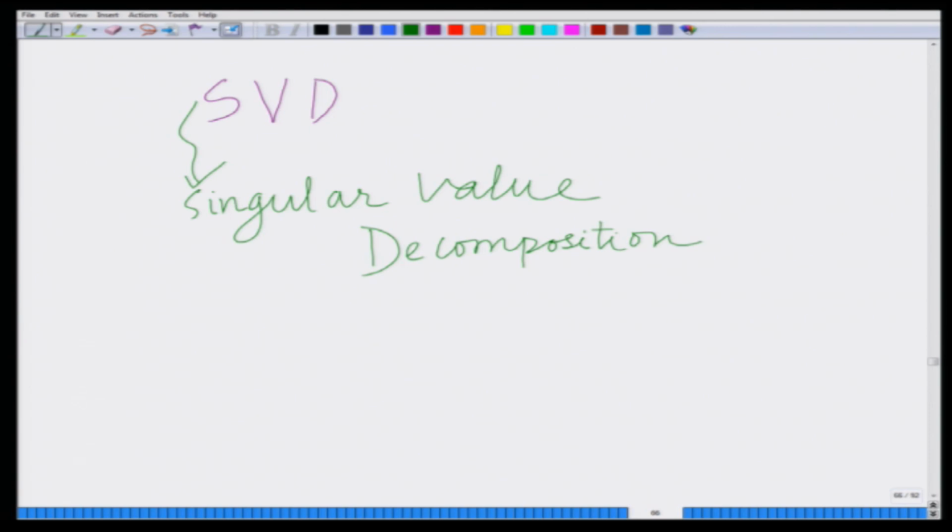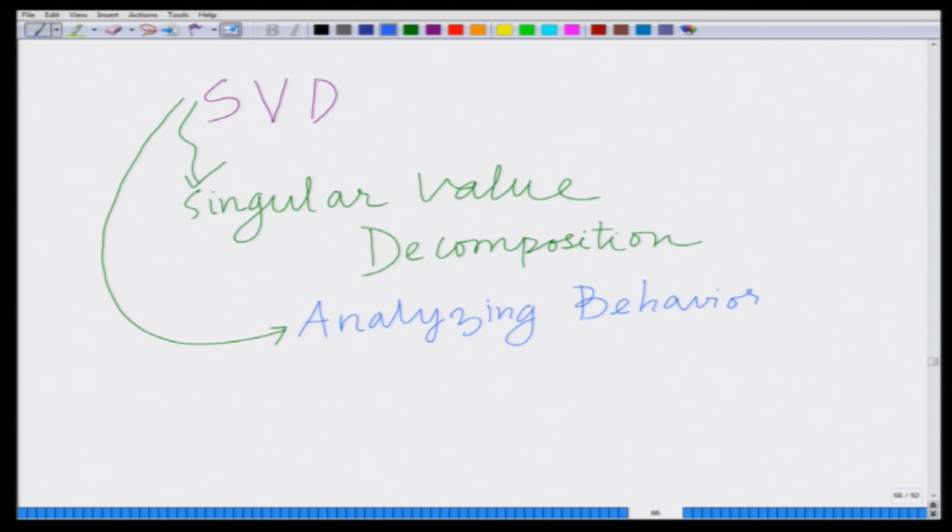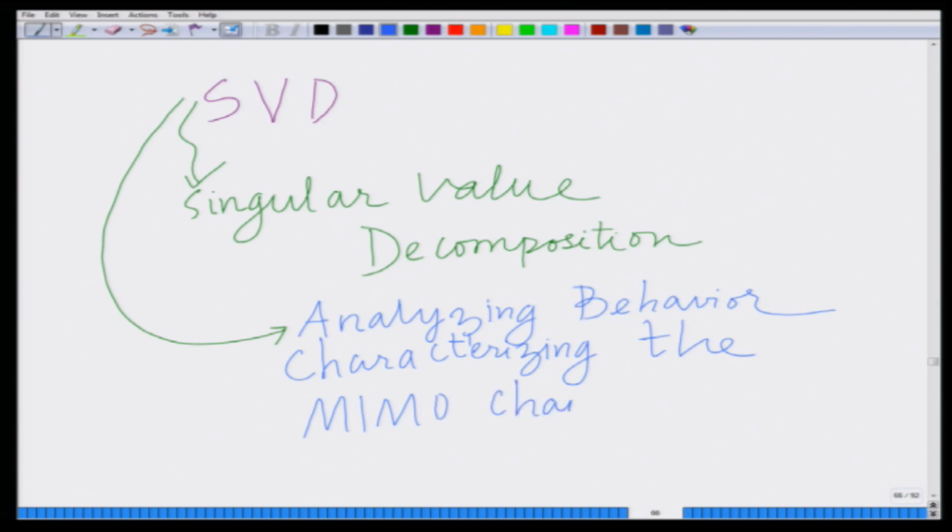It is very useful in characterizing or analyzing the behavior, gaining valuable insights into the MIMO channel.